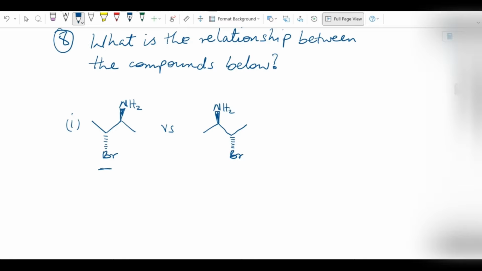To do that, I will keep this stationary and I will work on this. So the question would then be, how can I orient this molecule in such a way that the substituents would align just like the one on the left-hand side? So what I would do would be to flip this molecule along the vertical axis.